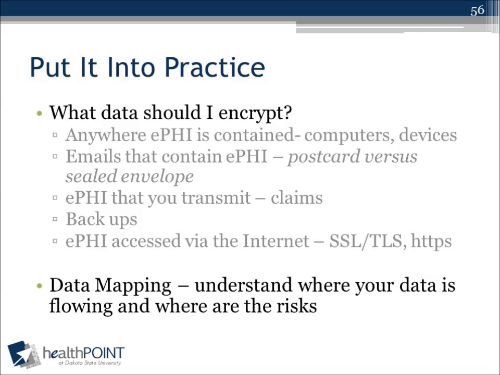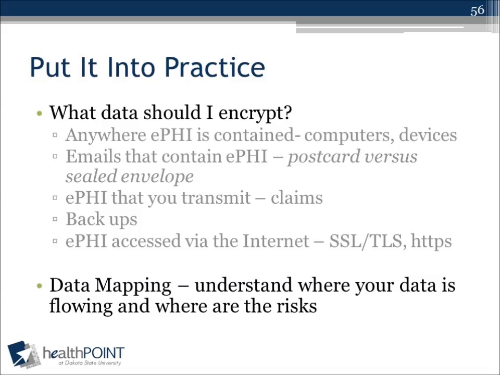All right, so for EPHI that you transmit, such as claims, however you're transmitting information, and all backups, the devices they're placed on need to be encrypted. And when you're accessing the internet, make sure it's a secure socket layer. You'll notice when you go onto the internet, there'll be HTTPS, and usually your address bar will turn green.